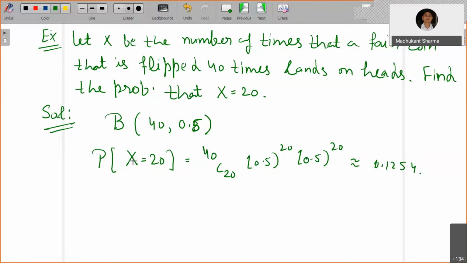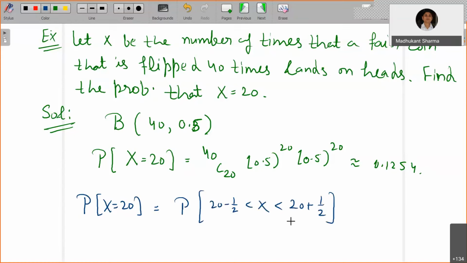But a normal random variable is a continuous random variable, so at a single point the probability is always 0. So we can't look at X equals 20 directly; rather, we should define it as an interval. So for the normal approximation, I can write the probability of X equals 20 as the probability of 20 minus 1 by 2 less than X less than 20 plus 1 by 2.